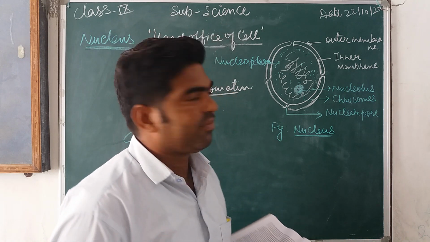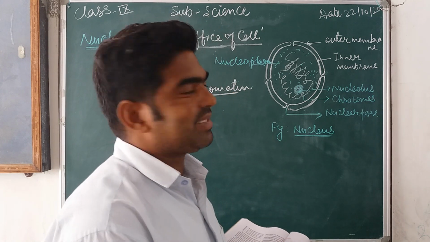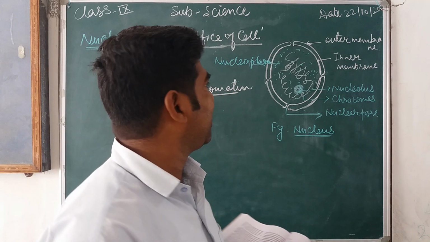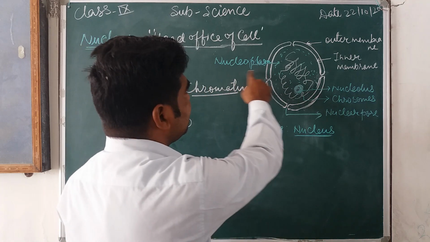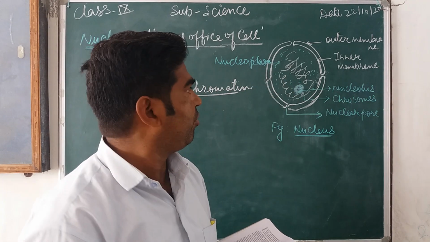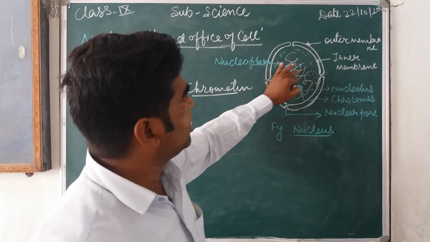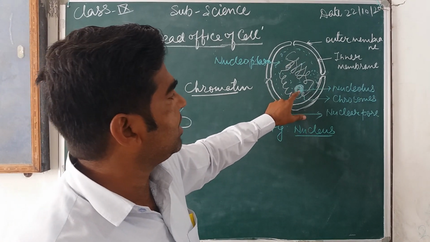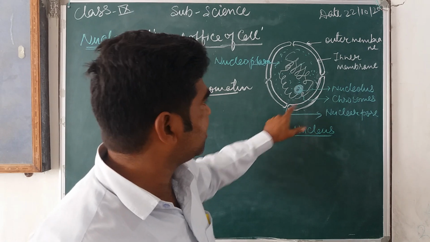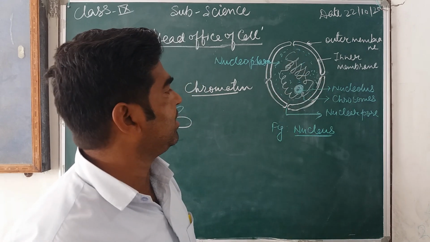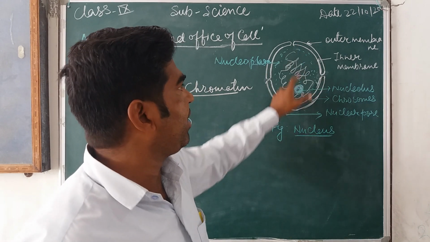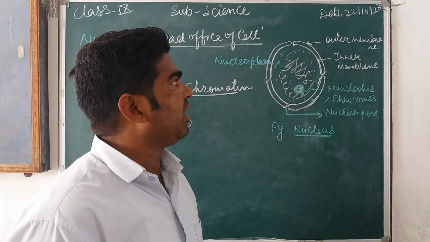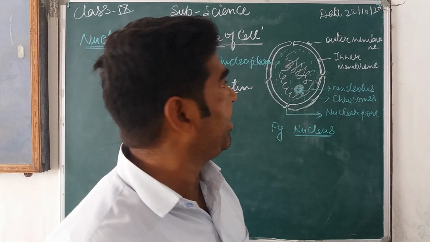The matrix or fluid filled in a cell is the cytoplasm or protoplasm, and inside the nucleus it is called the nucleoplasm. In the nucleoplasm there is the chromatin or chromosomes. This is the nucleolus, and these small pores you can see here are called the nuclear pores, and these are the double membrane nuclear membrane.